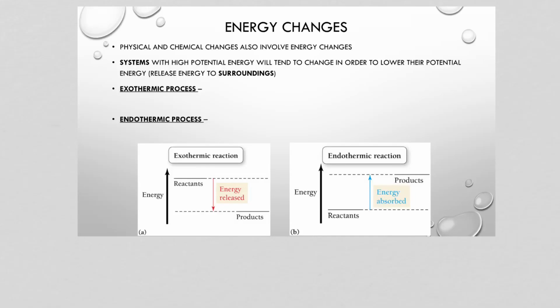Welcome. Today I want to continue our discussion on aspects of energy and talk about energy changes or energy movement, or what we talked about as heat, right? The transfer of thermal energy in these different processes, these different physical and chemical changes. So the first thing that we want to remind ourselves of is that these physical and chemical changes involve energy changes.